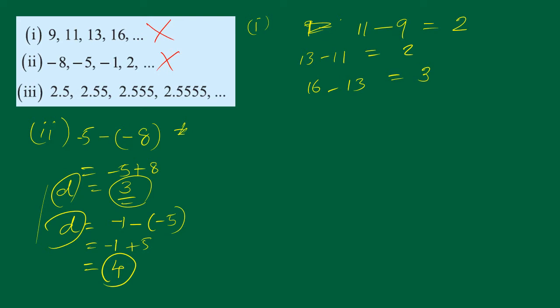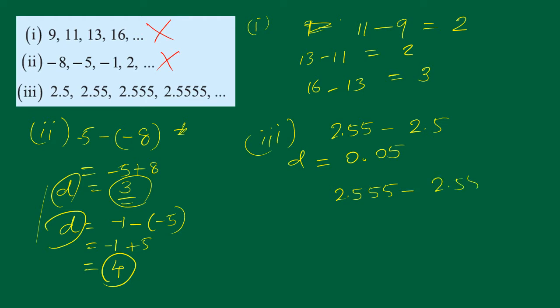And you can take a look at the third one, right? Here you subtract 2.55 minus 2.5, then you get 0.05, and then you can subtract this way 2.555 minus 2.55, then you get another d, 0.005.